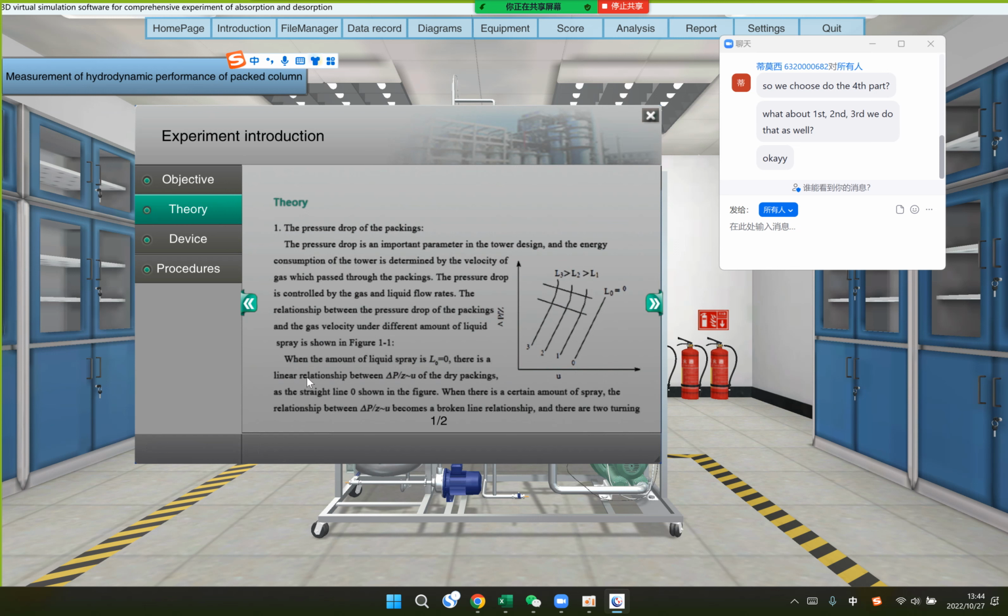When the amount of liquid spray is zero, or L zero, there is a linear relationship between delta P divided by Z. Z here is the height of the packings, or you can simply consider it as the height of the dry packings.